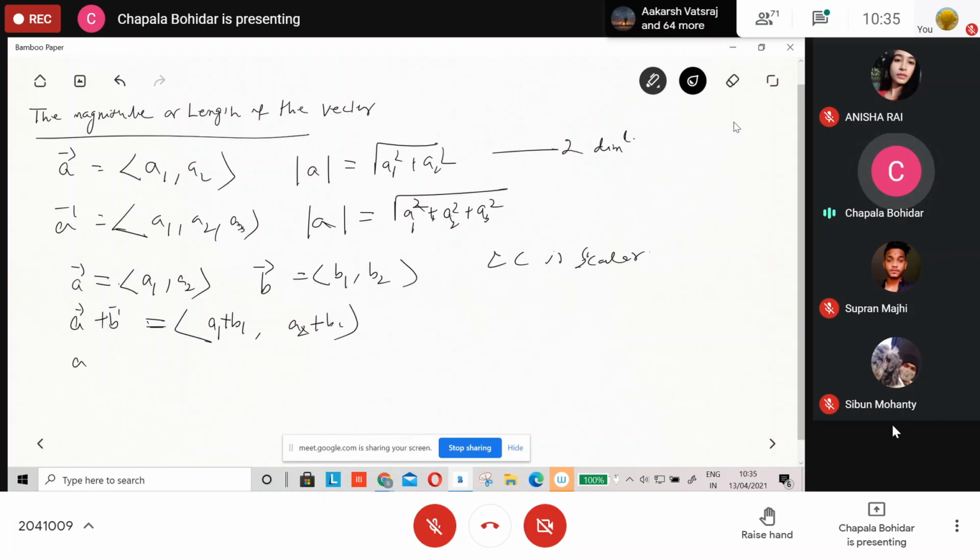Similarly, A minus B: A1 minus B1 and A2 minus B2.